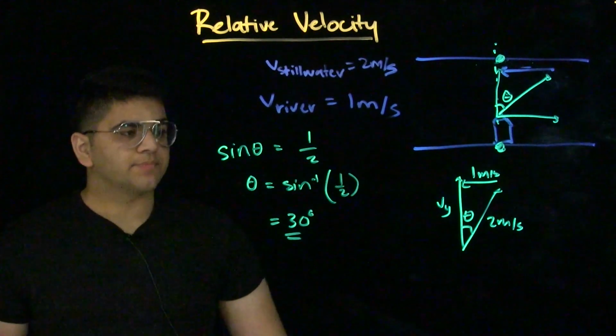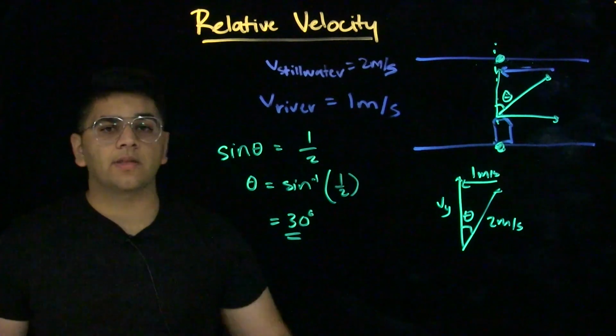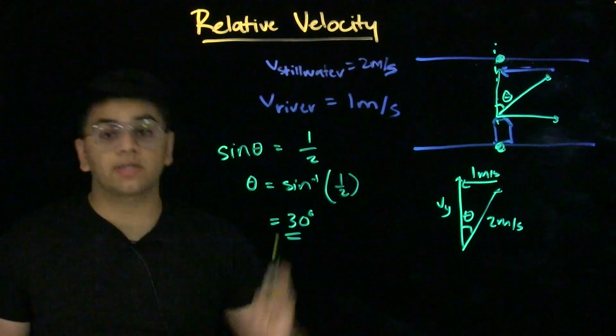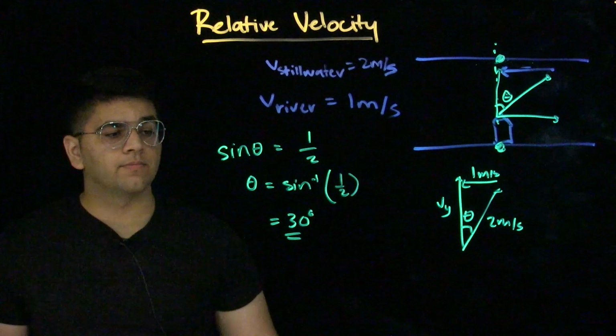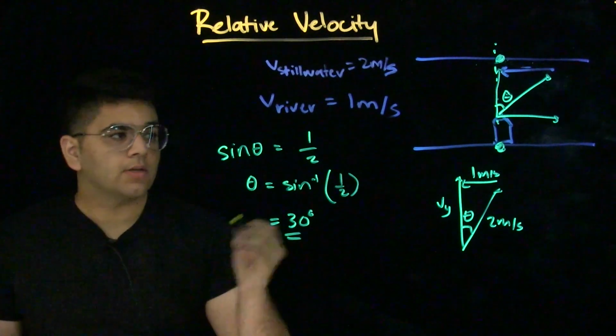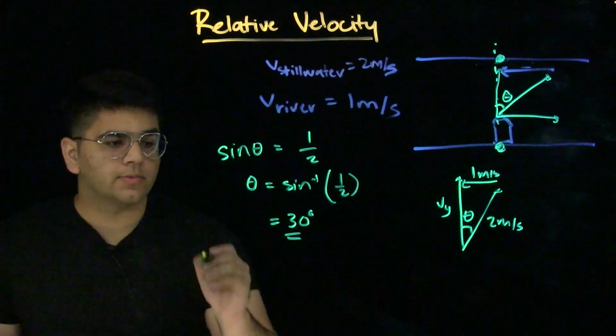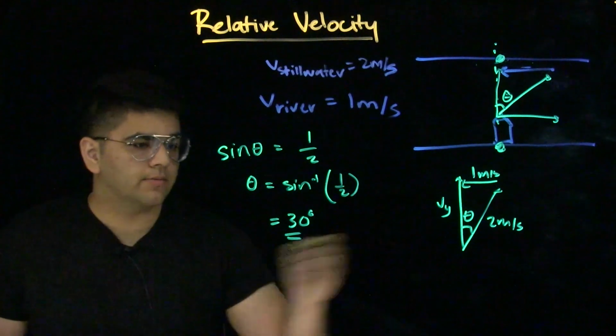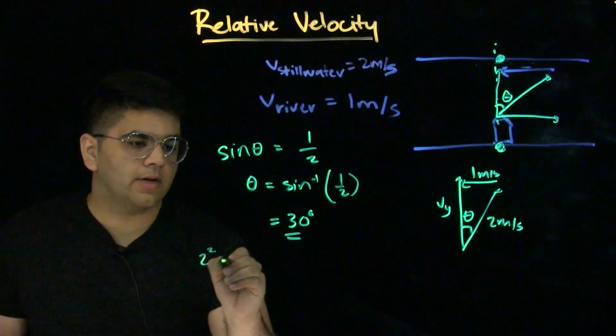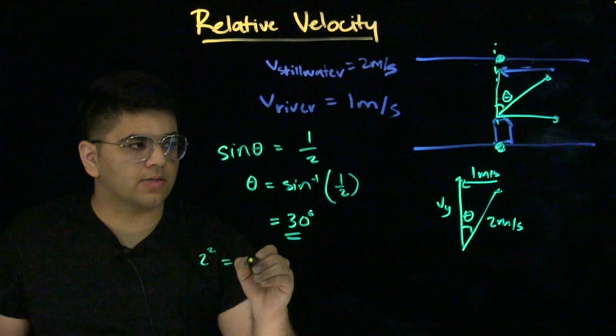Simple enough, right? So finally, let's find the y velocity, or the velocity across the river that the boat can have. So let's use the Pythagorean theorem. So we know that the hypotenuse squared equals the sum of the two sides squared.